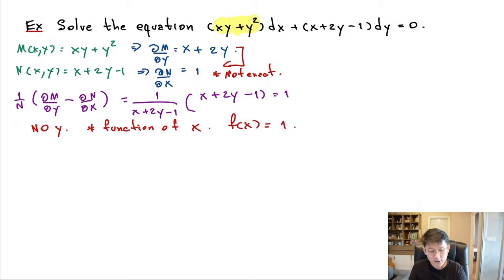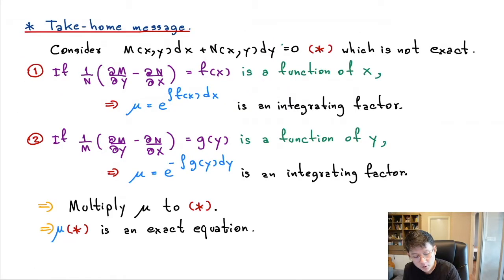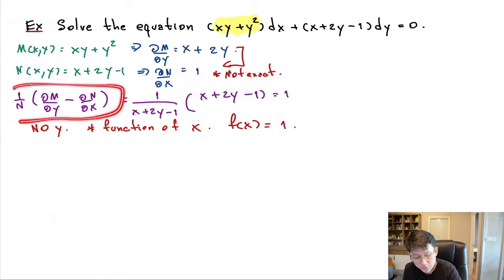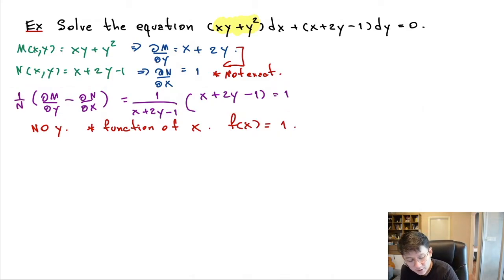Guys, look at the take-home message. We look at this, and this is a function of x. So f(x) is this term. But this guy is 1, which means that f(x) is 1. And then we have our integrating factor.